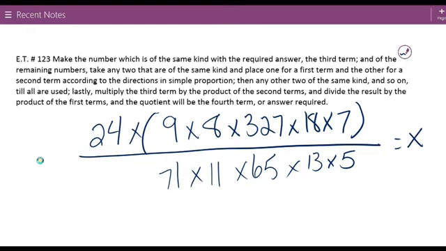Let's write it as a proportion. Make the number that is the same kind as the required answer, this 24, the third term. Of the remaining numbers, take any two that are of the same kind and place one for the first term and the other for the second term according to the directions in simple proportions.